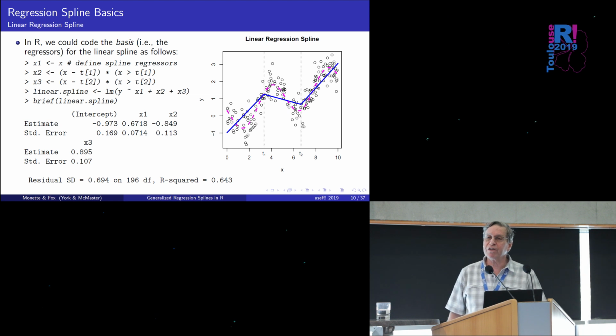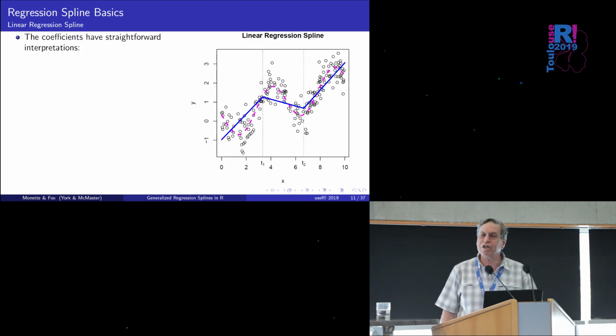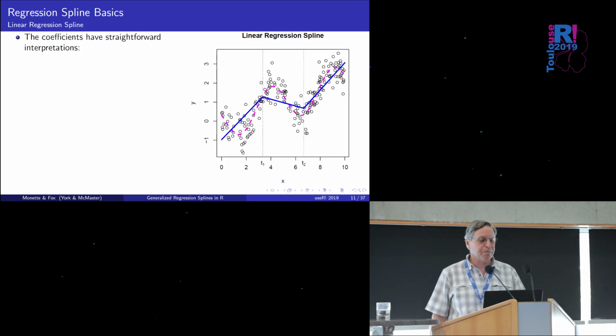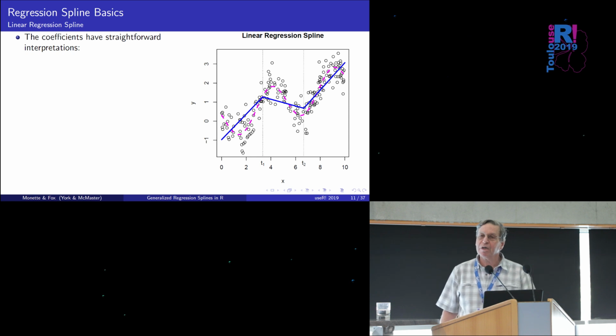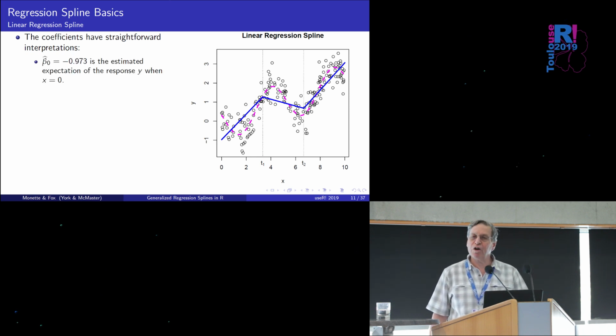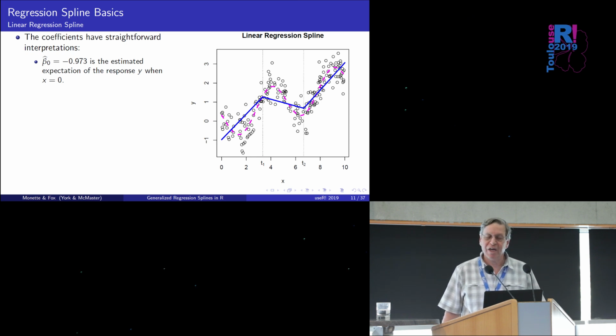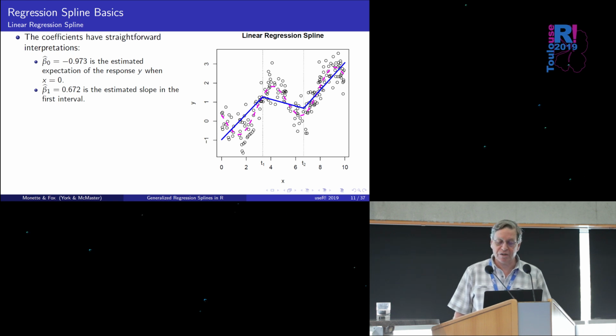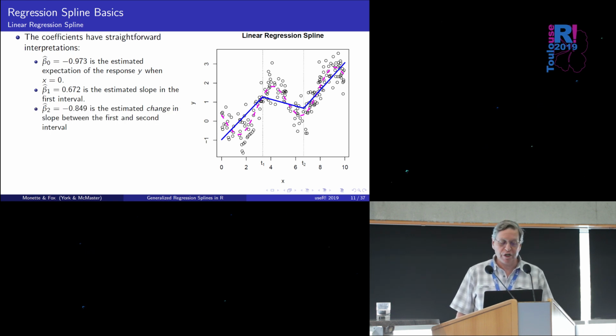Okay. Coding this in R is very easy. And the coefficients of the model have simple interpretations. Beta hat 0 is the expected response at x equals 0. Beta hat 1 is the slope in the first region.